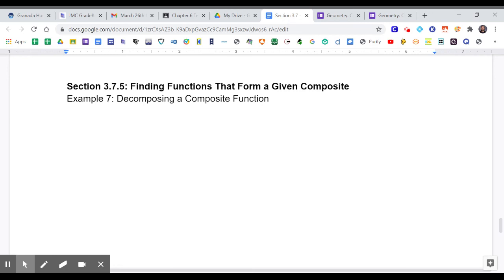All right, well, what if we were actually going to look at a problem where we were given a function?